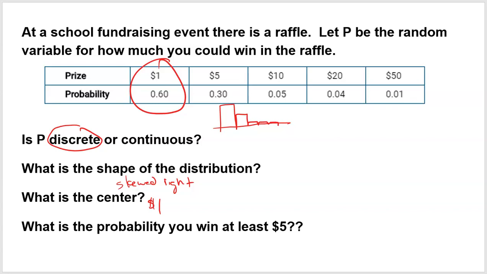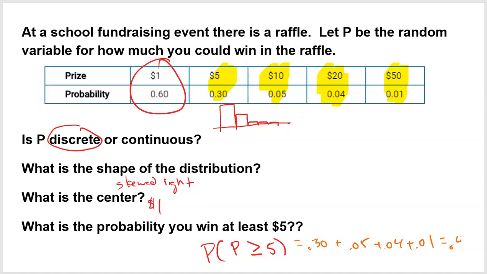All right, what is the probability you win at least $5? So the probability that the amount of money P that you win is greater than or equal to $5. So again, greater than or equal to 5 would be $5, $10, $20, or, excuse me, $50. Add all those together. That's going to be 0.30 plus 0.05 plus 0.04 plus 0.01.